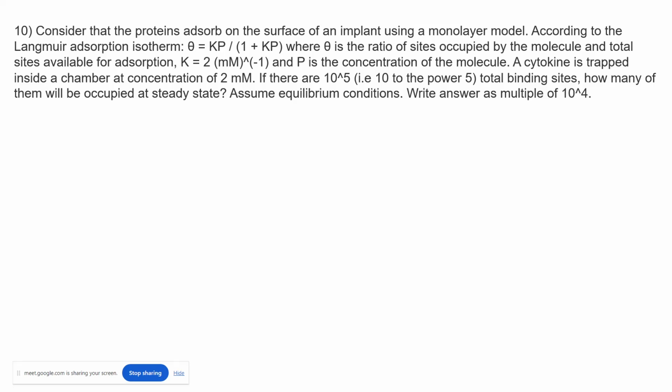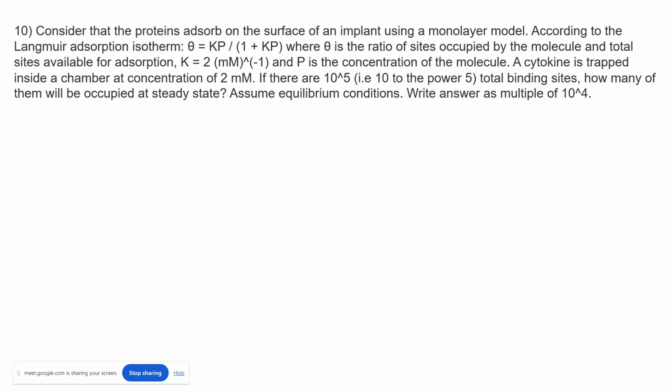Here we have a numerical question. Consider that the proteins adsorb on the surface of an implant using a monolayer model. According to the Langmuir adsorption isotherm, theta equals Kp upon 1 plus Kp, where theta is the ratio of sites occupied by the molecule and total sites available for adsorption.